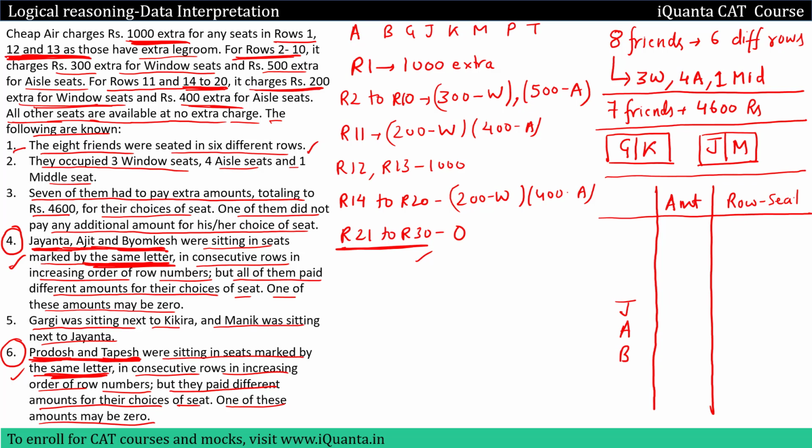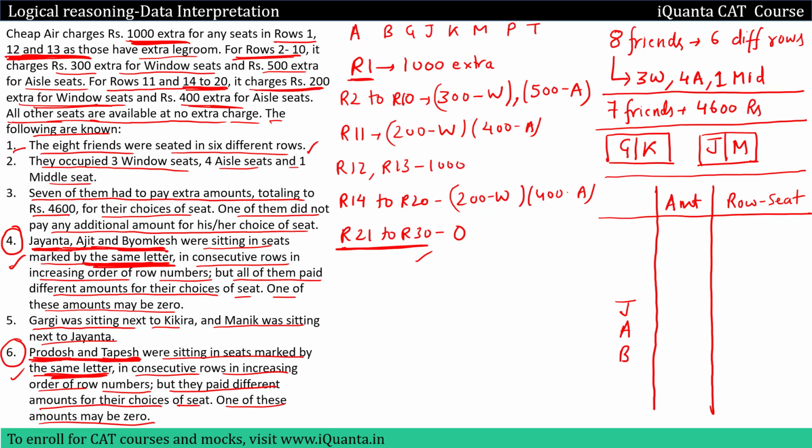So now we will go to the rows. We'll check which three consecutive rows will have different amounts. Okay, so if I choose first row from R1, that means 1000 rupees extra. Then I'll have to choose next two seats from R2 and R3. Okay, but R2, R3, they will be having the same amount for window and aisle, so this is not possible.